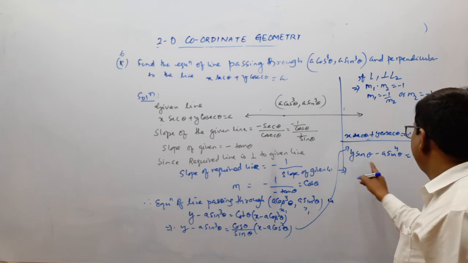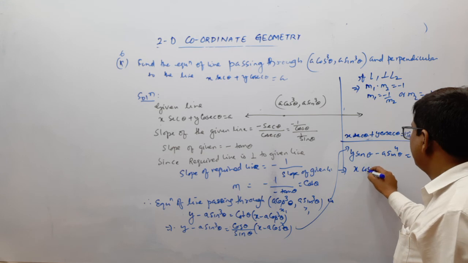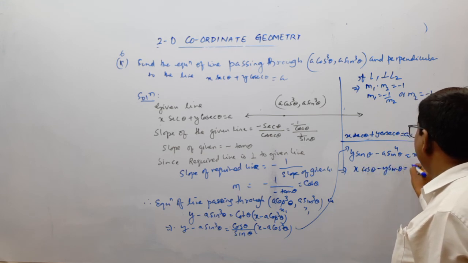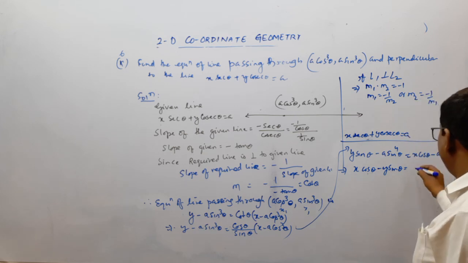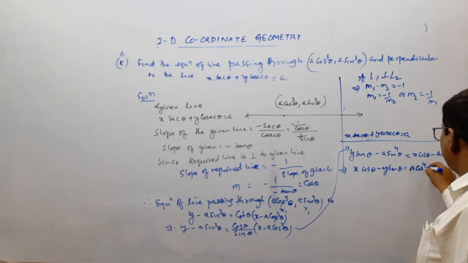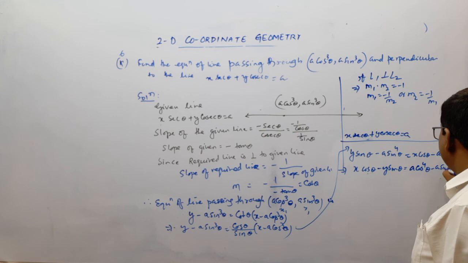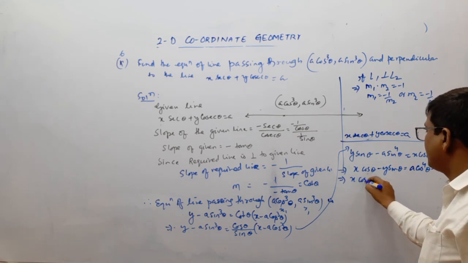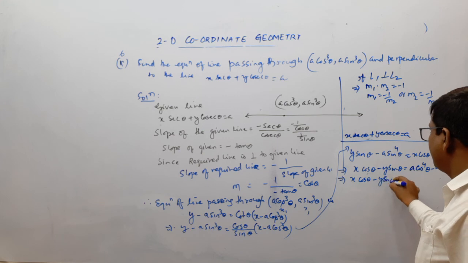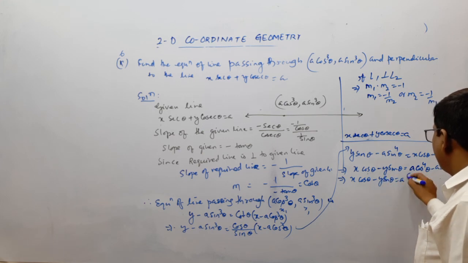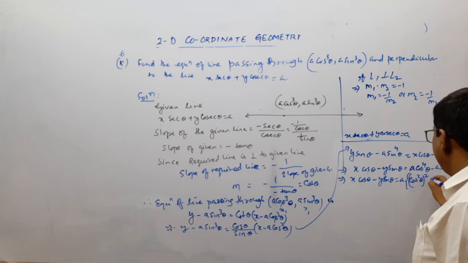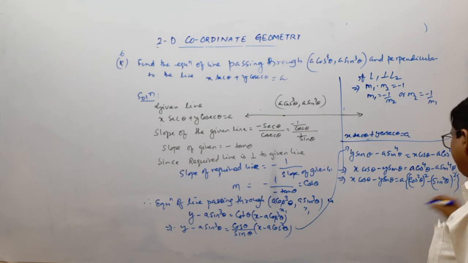Now this will be x cos θ minus y sin θ is equal to a cos⁴θ minus a sin⁴θ. Taking a common, cos⁴θ means cos²θ whole square, sin⁴θ means sin²θ whole square.